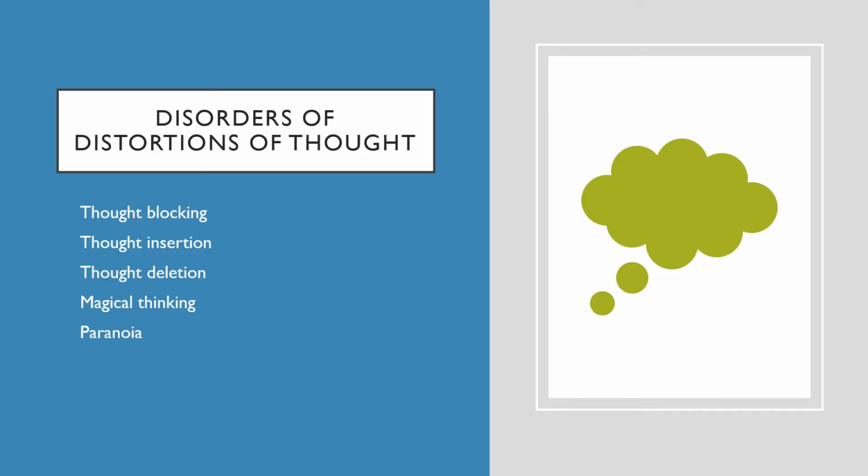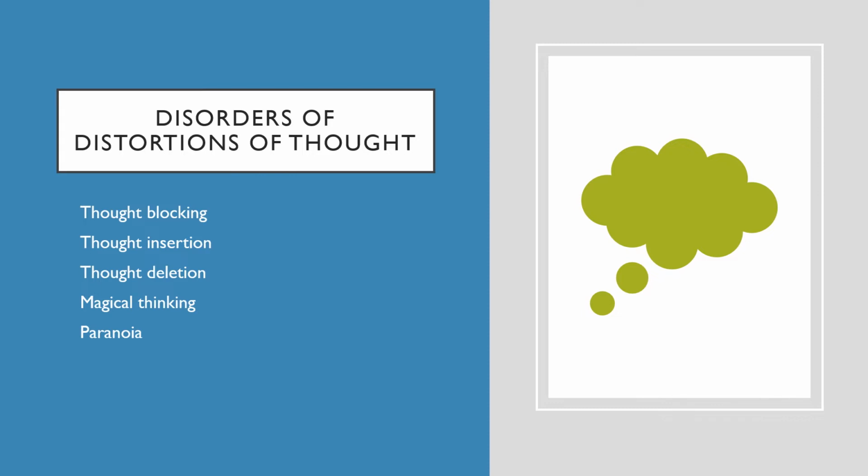So another positive symptom is disorder or distortion of thought. This is just another alteration in thought. So if we think about thought blocking, a reduction or stoppage of thought. Sometimes hallucinations can cause that interruption of thought. Thought insertion is the uncomfortable belief that someone else has inserted thoughts into their brains. Thought deletion is a belief that thoughts have been taken or are missing.